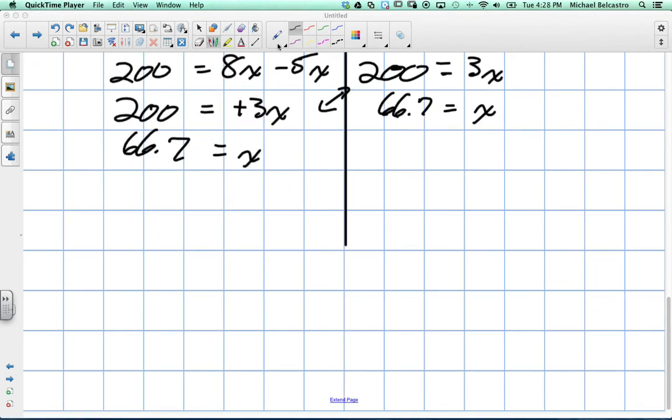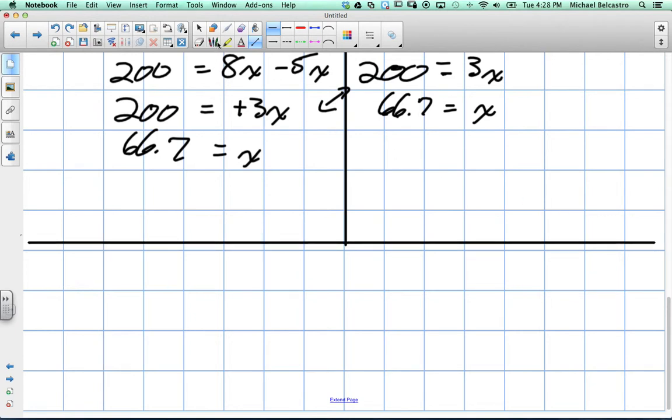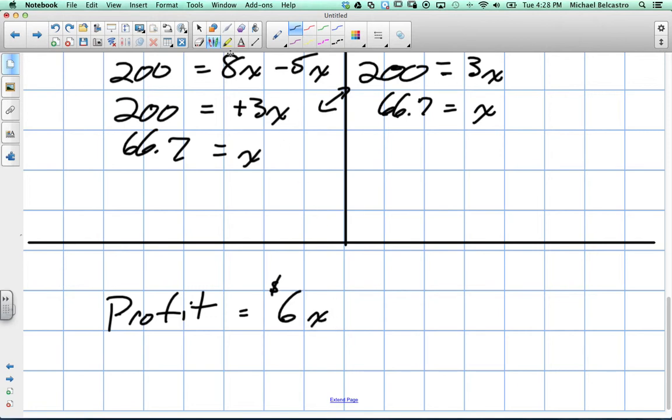To extend from that, a lot of times in business, companies want to set aside how much profit they're going to make. So let's say they tell us that for every shirt we sell, we want to make $6. On every shirt, and then we'll build the function from there.